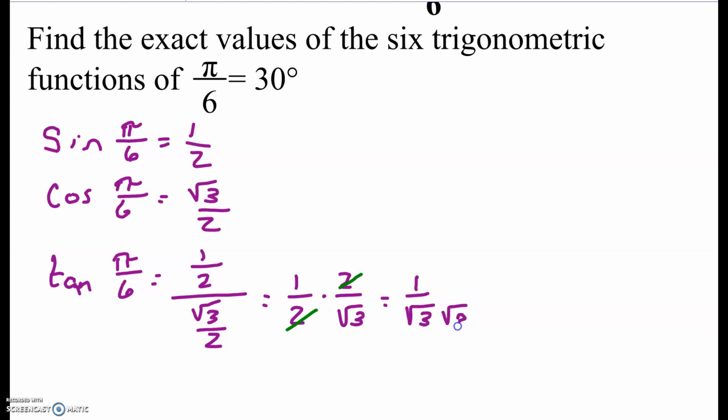And we rationalize the denominator by multiplying numerator and denominator by the square root of 3. And it helps if we can read that bottom number.